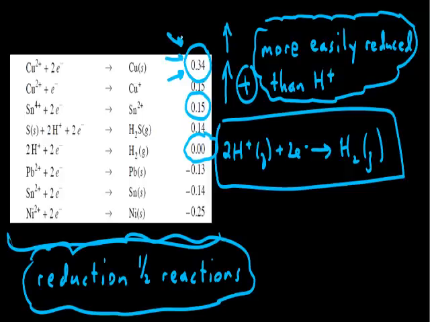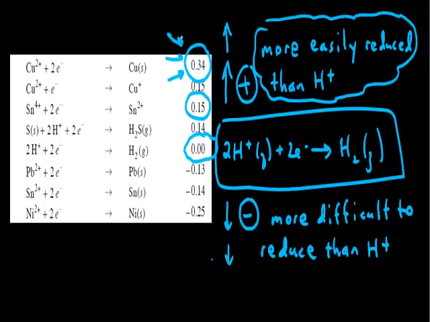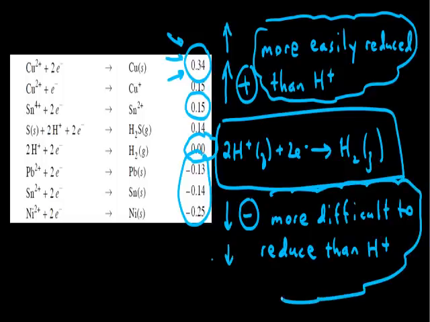On the bottom side, below hydrogen, we see half reaction reduction potentials that are negative. This indicates that these half reactions are more difficult to reduce than the H+ half reaction, which has a value of 0.